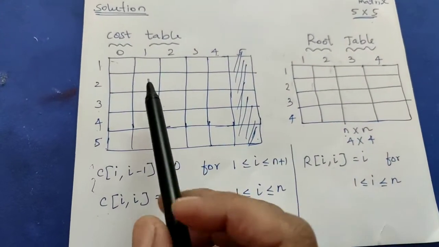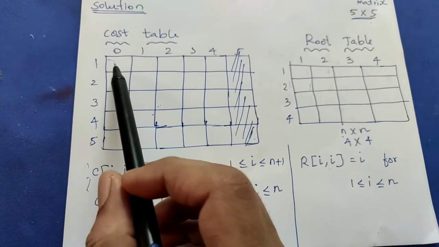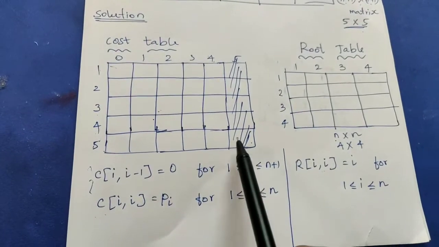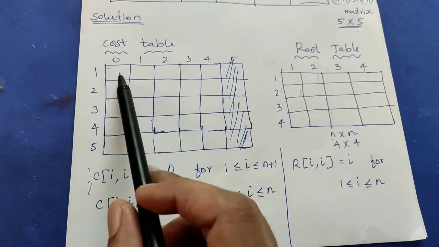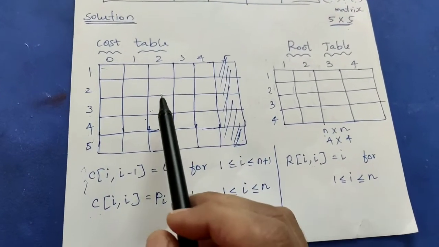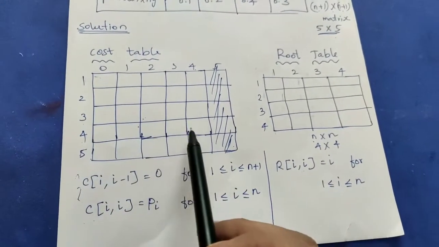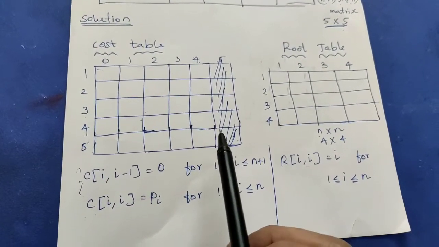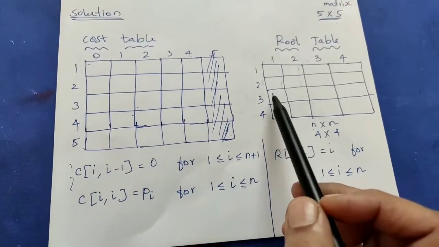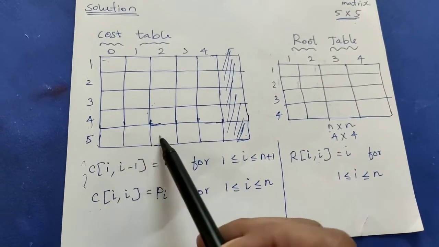Now when you are filling the cost table, you need to fill the values diagonally. That is, only the upper diagonal part should be filled one by one. When you are filling the cost table as well as the root table, you need to fill the values diagonally. Only the upper diagonal part will be filled in both the tables. Lower diagonal parts will be left empty. We are not going to process them.